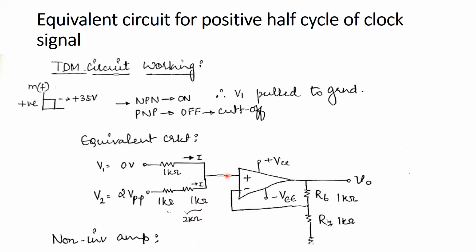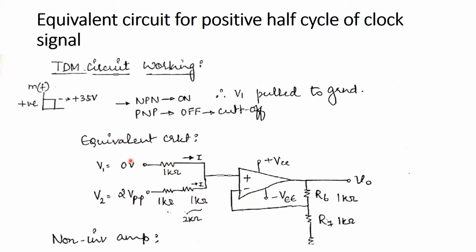According to the superposition theorem, the voltage at pin number 3 is obtained by considering one input at a time and assuming the other input as 0, and then adding those two signals will give us the voltage at this particular terminal.